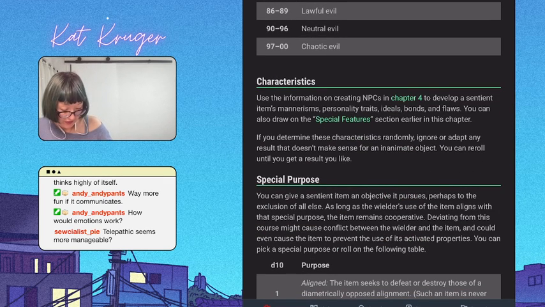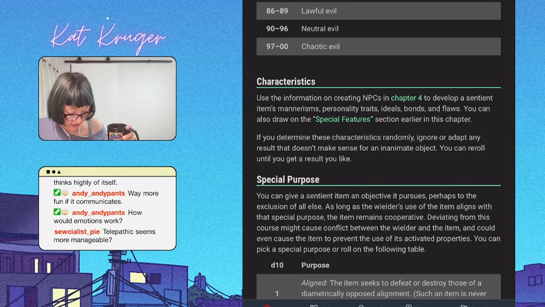Okay, next we have the item's mannerisms, personality traits, ideals, bonds, and flaws. Let's talk about what we think this creature is all about.